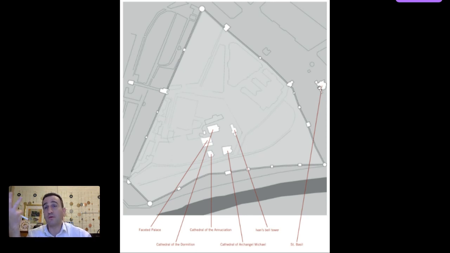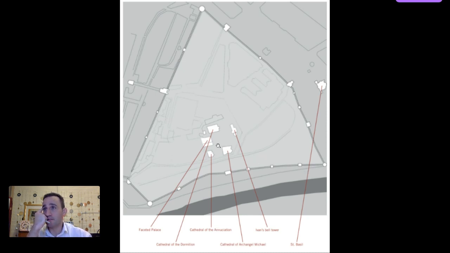The one thing that we see associated with Russia as being, quote, the Kremlin, is actually not the Kremlin at all. It's outside of the fortified walls, which is what the Kremlin actually is: the fortification, or the walls.